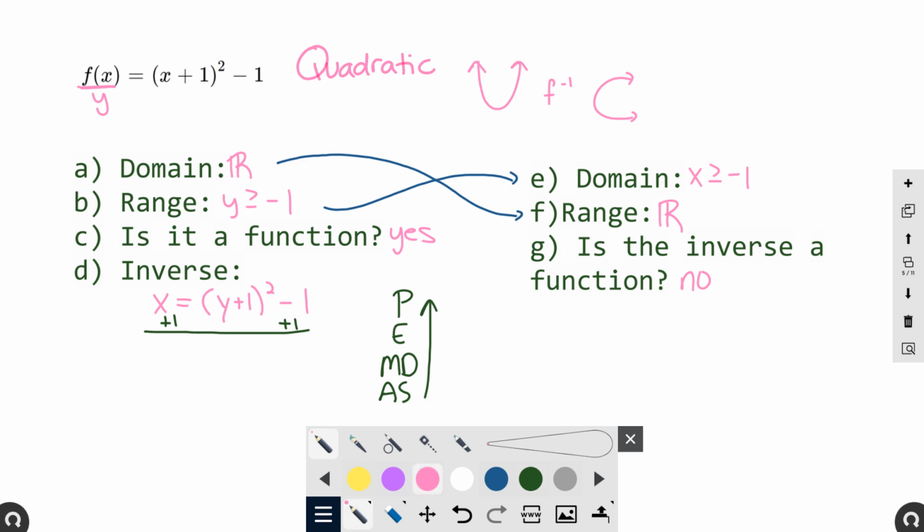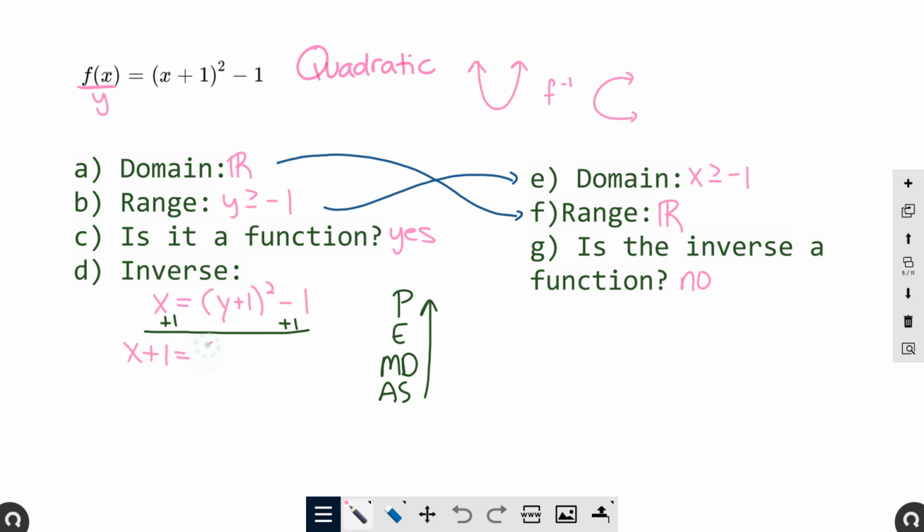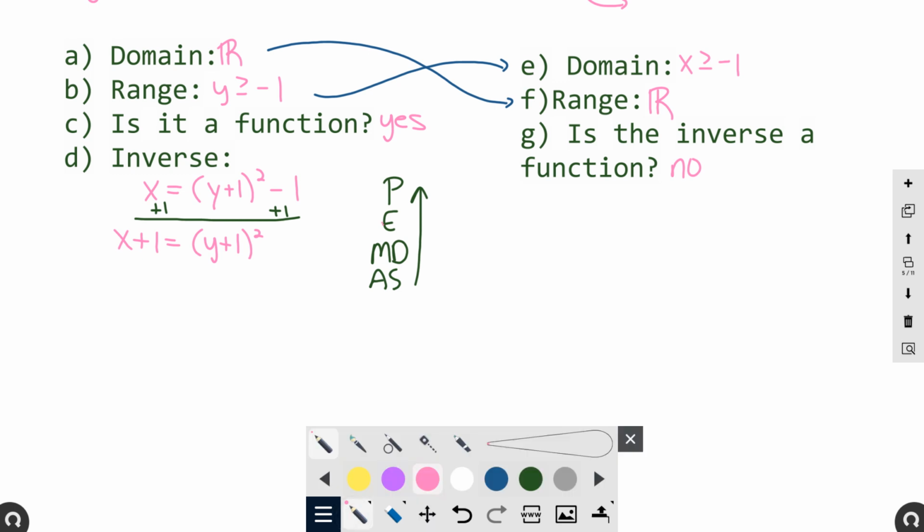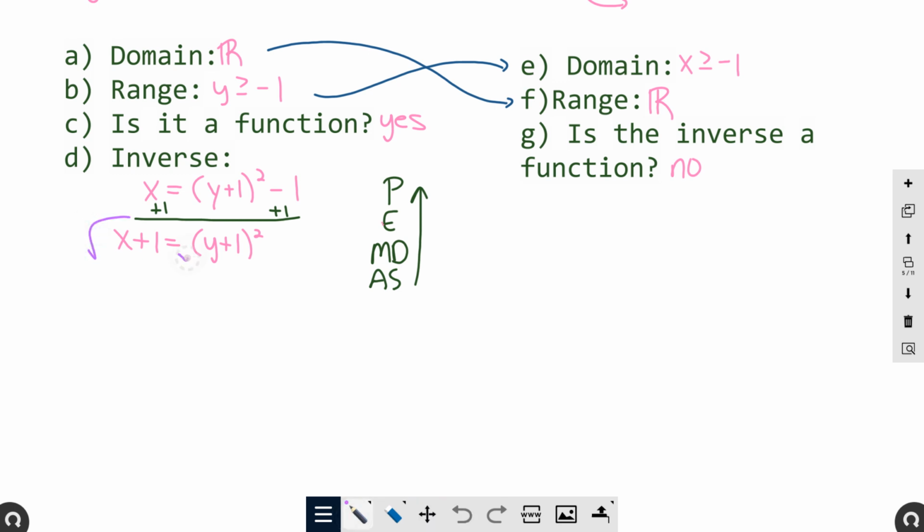So we get X plus 1 equals Y plus 1 squared. Now, you're basically starting on the outside and working your way in. So on the right side, the outside thing is your exponent. How do I get rid of the squared? Square root. So I'm going to square root both sides.